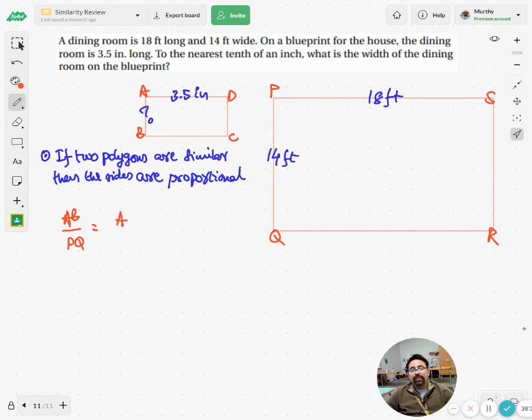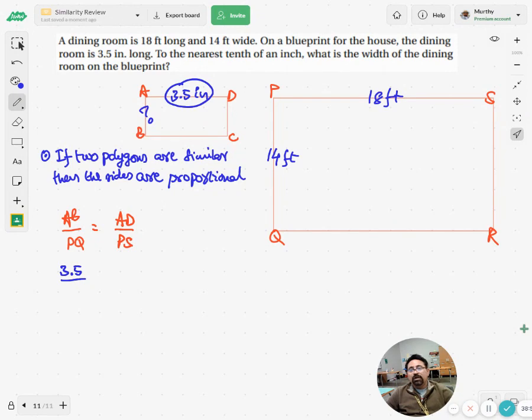Now, the AB value, you can see from the figure, it is 3.5 inches over PQ.